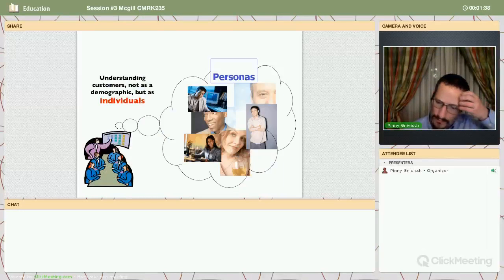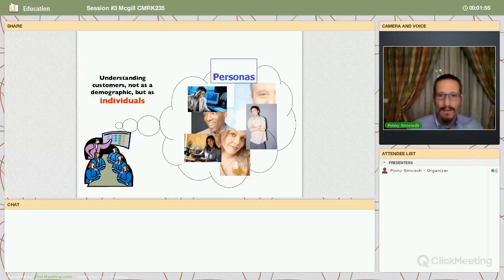What we've come up with is, it's not what we come up with, the industry talks about something called personas. Some people follow demographic information, other people follow psychographic information. Personas is a mashup of any information you can find out about the consumer, and using that information to create this human being, this persona.